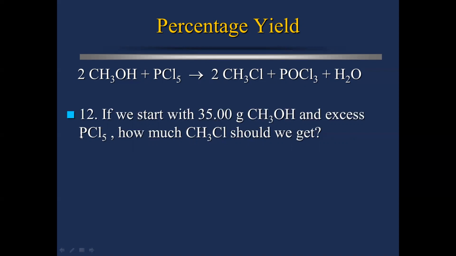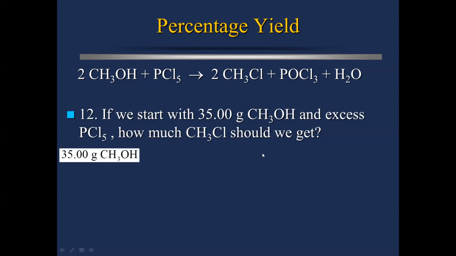Since PCl5 is in excess, we can forget about it. CH3OH is the limiting reagent, so we use that for the calculation.